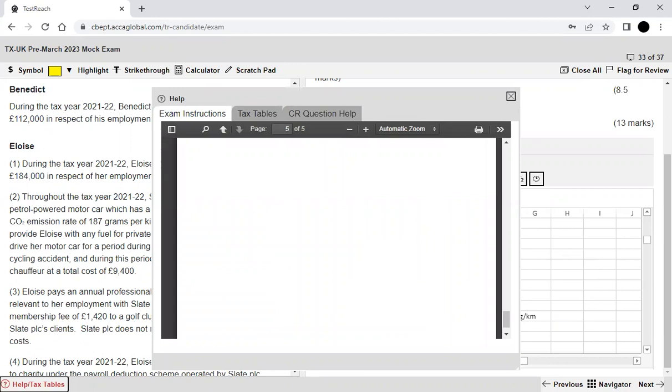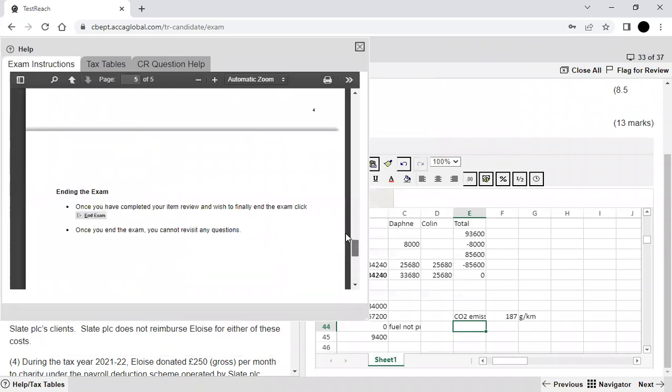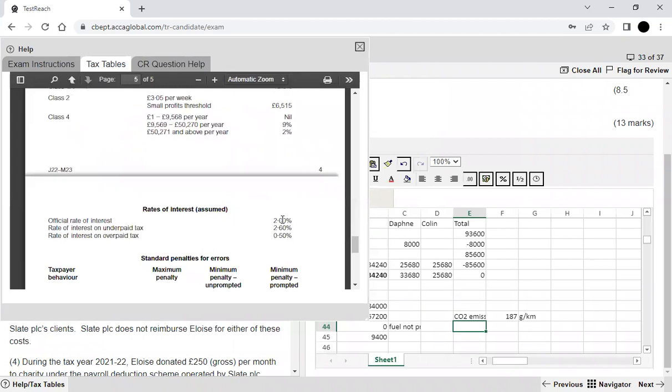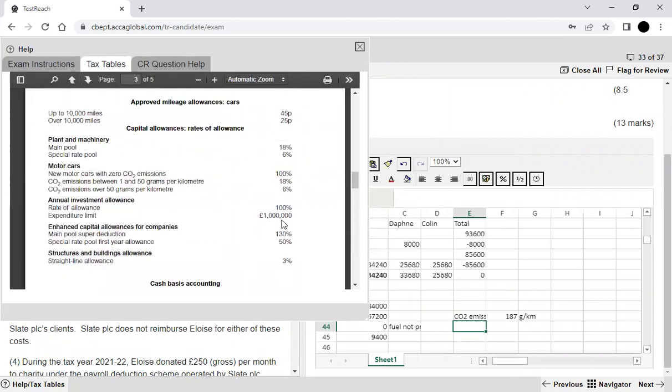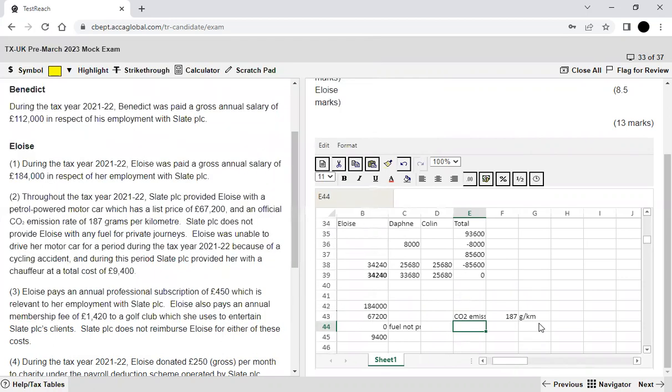Looking back to the tax rates and tables, the percentage is 35.